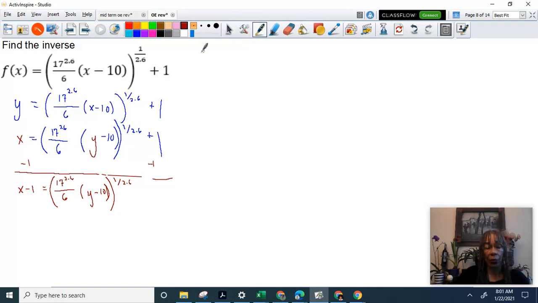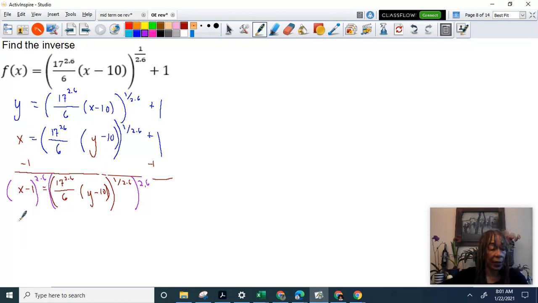To get rid of the exponent, I'm going to multiply by the reciprocal. I have to multiply both sides by the reciprocal, or I will be violating the laws of nature and mathematics, and I would never do such a thing. So I'm going to raise both sides to the 2.6 power, which will get rid of that.